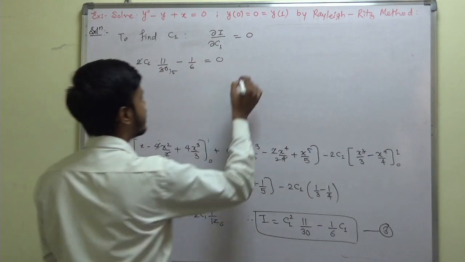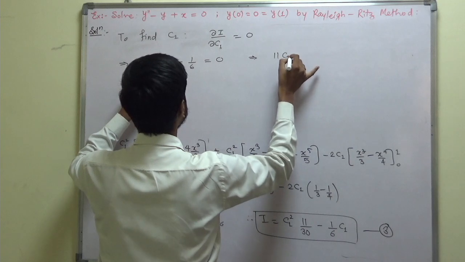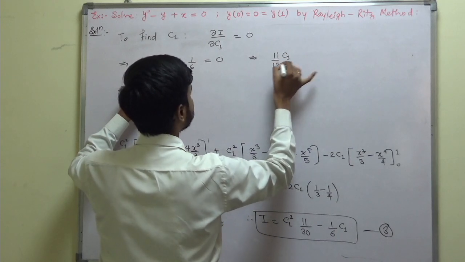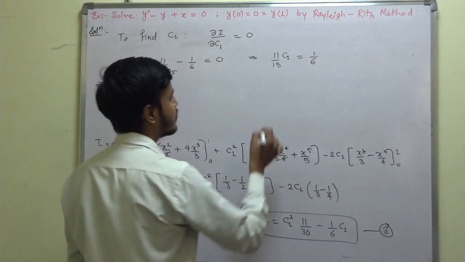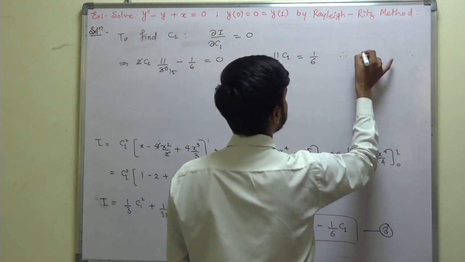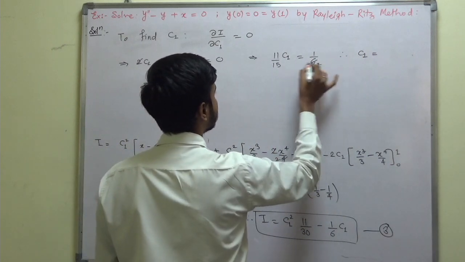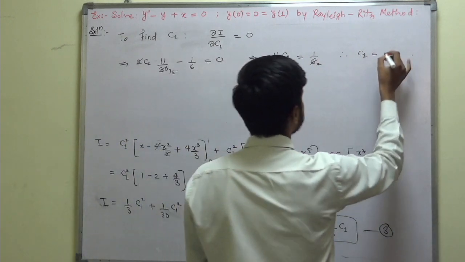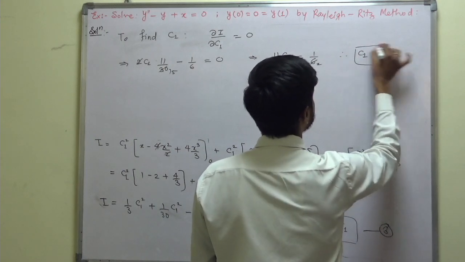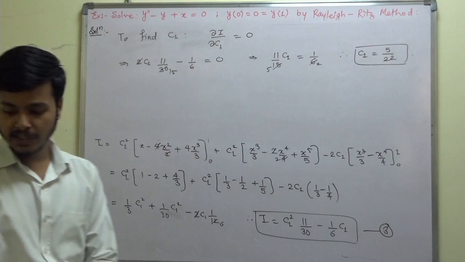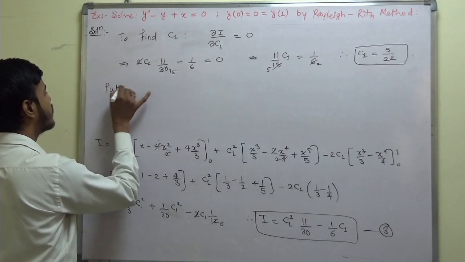So what is c1? This implies 11c1 is equal to 1 by 6, 2 by 11, so c1 comes out to be 5 by 22. Now once you get this, you can put this value in equation 2.